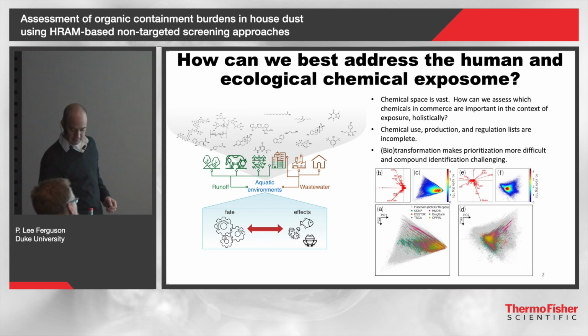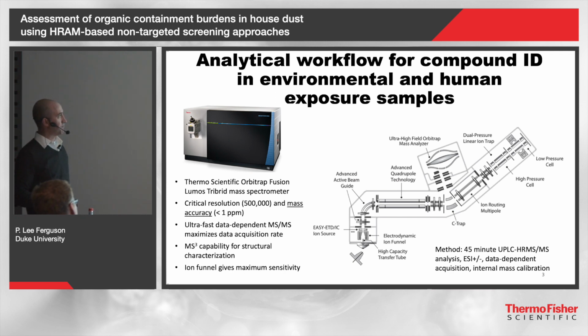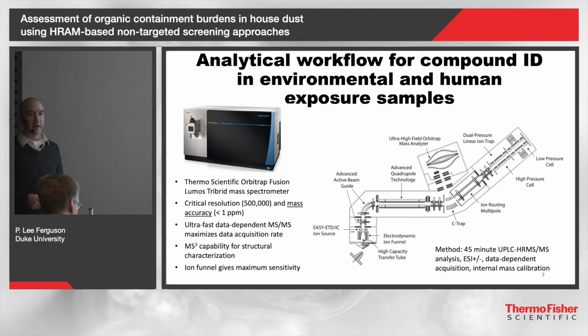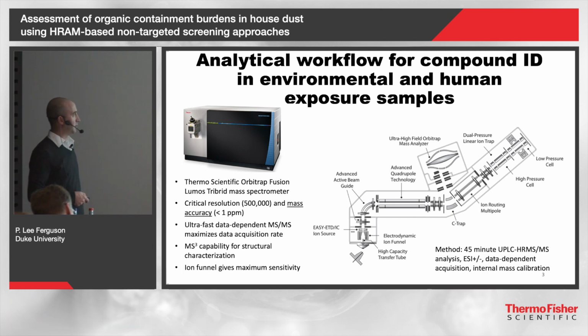As we implement non-targeted analysis in my laboratory, we're doing this using an Orbitrap Fusion Lumos system, the Tribrids. A note about why we use this instead of the QE platform: the QE platform's great, but critically, it's the mass accuracy that we get with the Lumos, especially with the EASY-IC internal calibration.